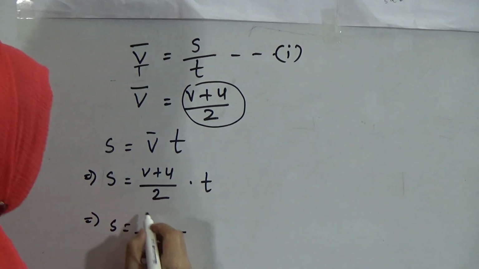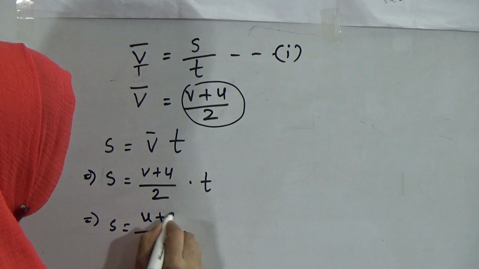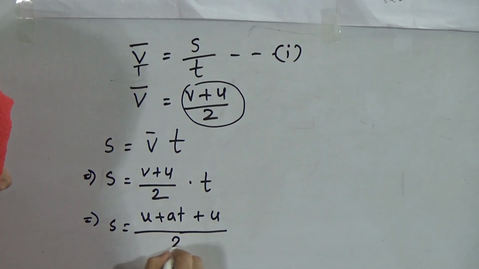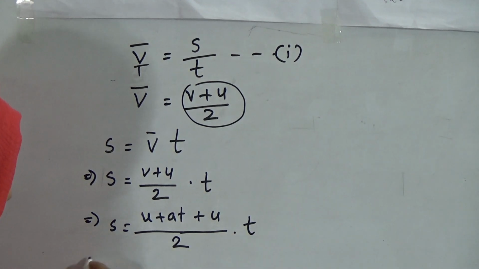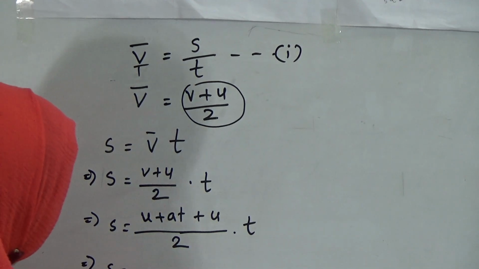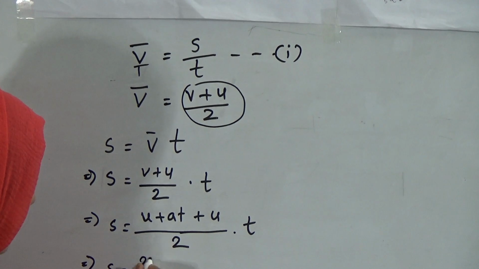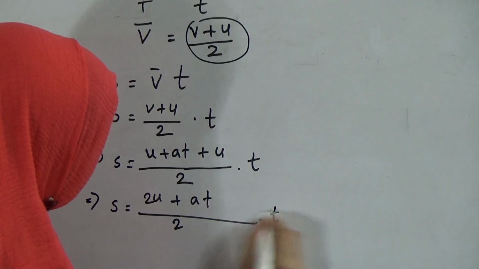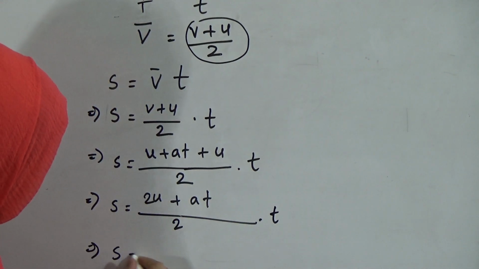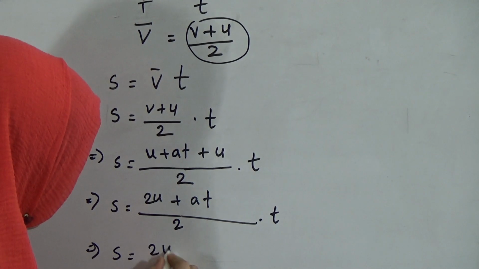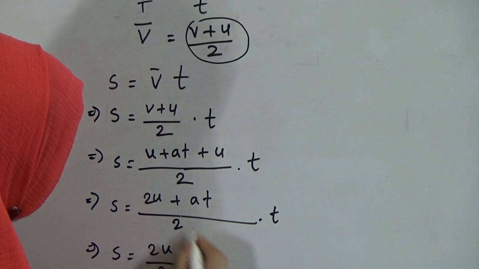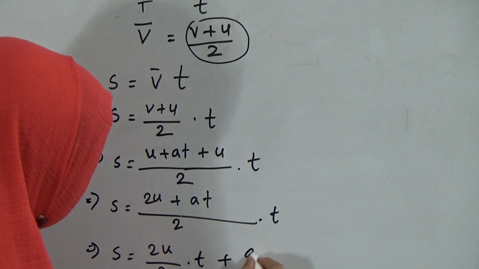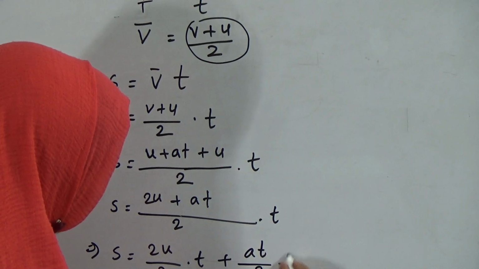We can put this value: u plus at plus u divided by 2 into t. We can write u plus u means 2u plus at divided by 2 into t, and separating this, 2u divided by 2 into t plus at divided by 2 into t.